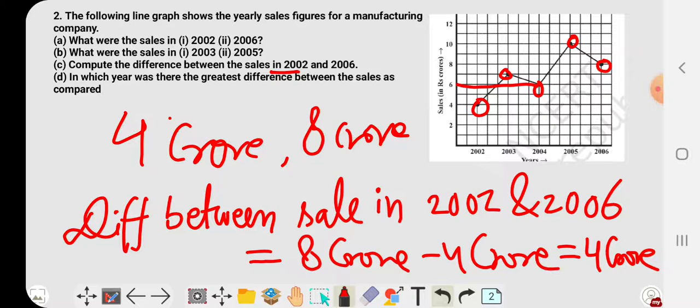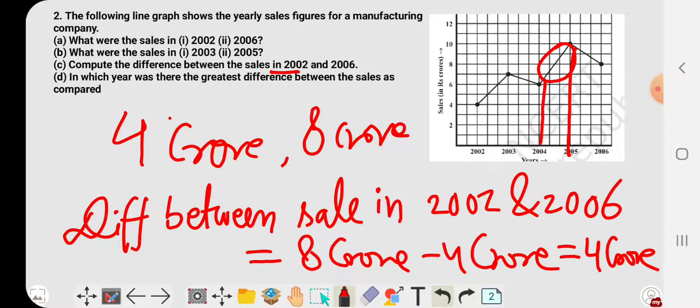I see from here to here, from 2004 to 2005, there is the greatest inclination. Which line is longest? What you have to do simply, देखो कि कौन सी line सबसे लंबी है. I can see this line is the longest. So it means 2004 to 2005, the difference between sales will be the maximum or the greatest.